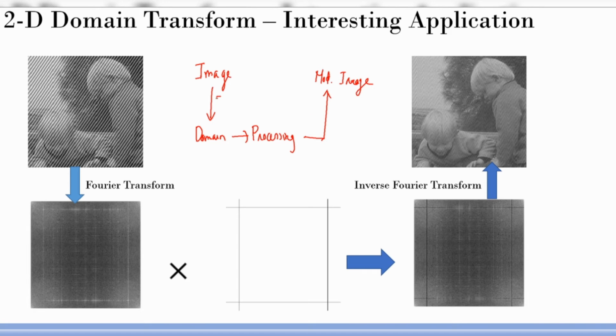This is what we call the forward transform, and this is the inverse transform. That's exactly what we did in this case. And it is really difficult to achieve a similar result if I go directly from here to here by some process. It's almost impossible. So that's the beauty of domain transforms.